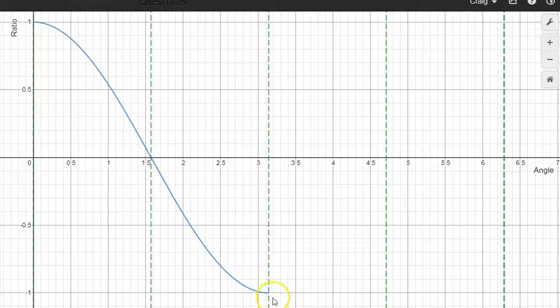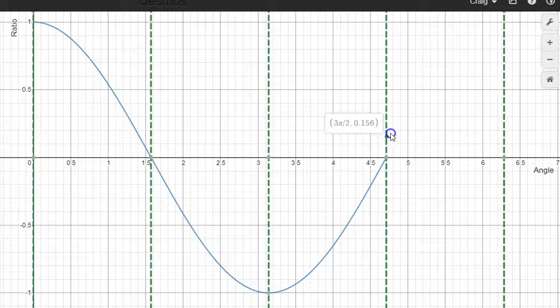In quadrant 3, remember we were negative, and then in quadrant 4 we go positive. So we expect this to start going back to 0. When we hit x equals 3 pi on 2, we're back at 0.